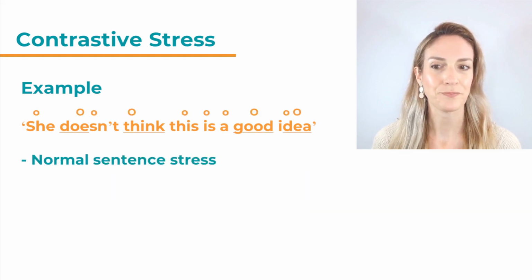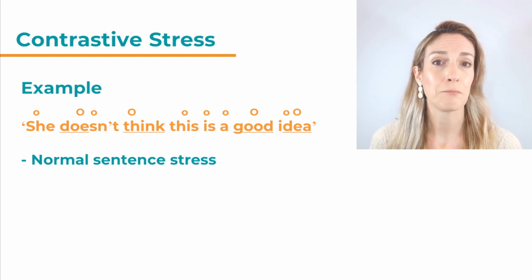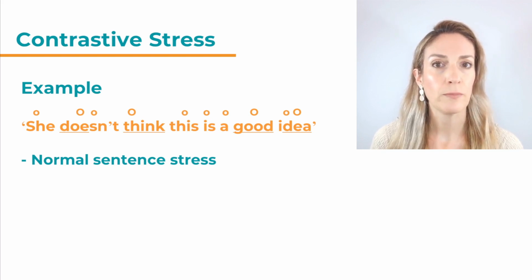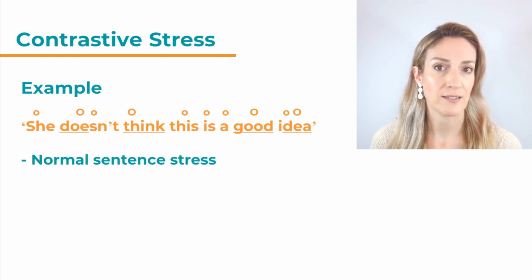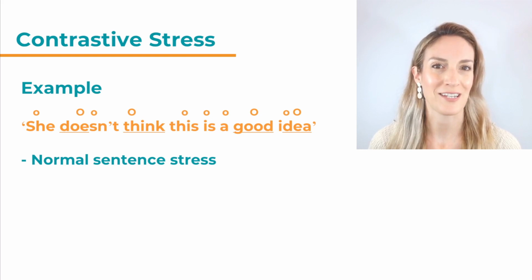Now, here is the normal sentence stress of this sentence if it's just with a neutral normal meaning. And you can see that above the sentence I put little bubbles. Some are small and some are big. The small bubbles mean unstressed syllables and the big bubbles are stressed syllables. So you can count all the bubbles. That will tell you how many syllables this sentence has, and the big ones are where the stress lies.